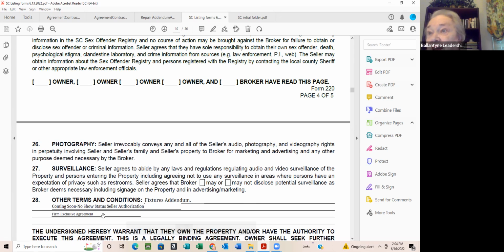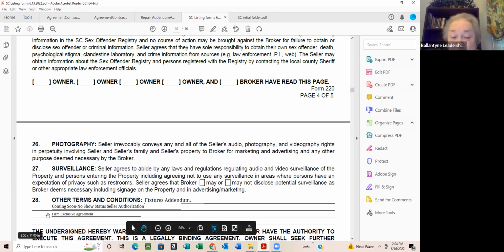If you get in the situation that you have gone into the firm exclusive and the seller then decides they want to go active with public marketing, you've got to come back to this agreement and scratch through or mark through this and get it initialed. And you can put a date, public marketing to begin such and such a date, and get the initials there.